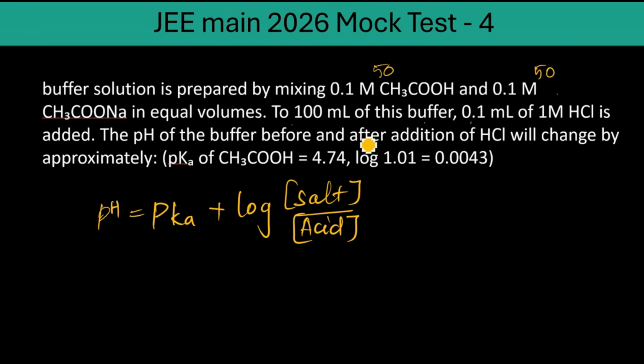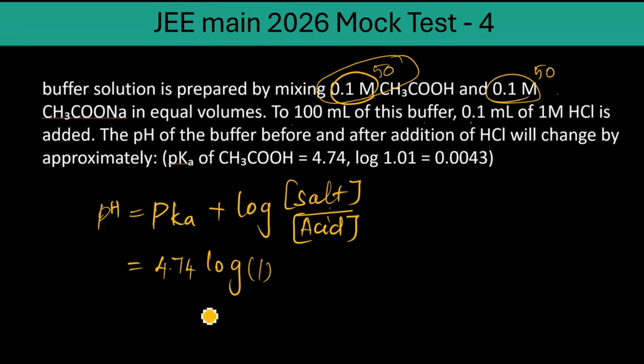So pH is equal to the pKa value, that is given as 4.74, plus log of 0.1 molar over 0.1 molar. Already we have molar, that is 0.1, and here also 0.1, so which will be log 1, that is 0. So pH is equal to 4.74.